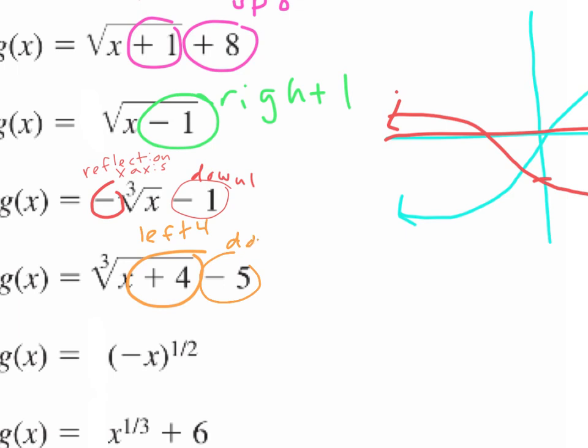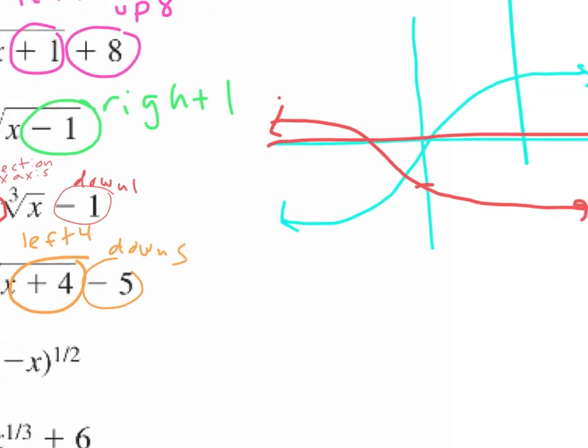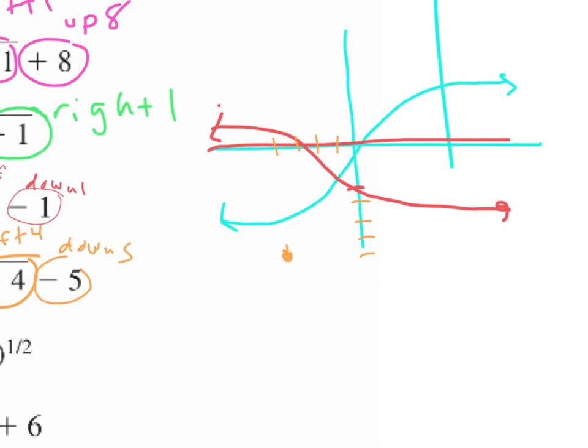Down 5. Down 5. So we're going to shift our parent function to the left 4 and down 5. So that's our new center point, and then we just keep the same shape of the blue one. So it looks like that.